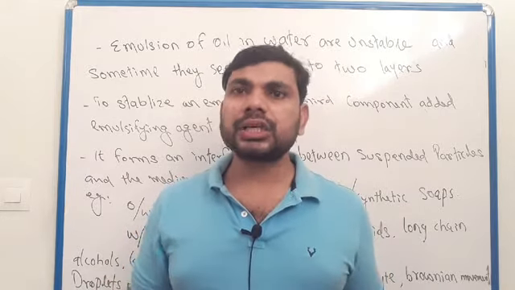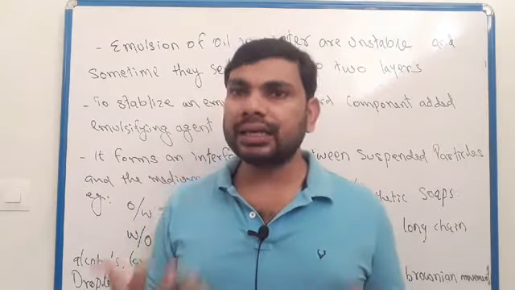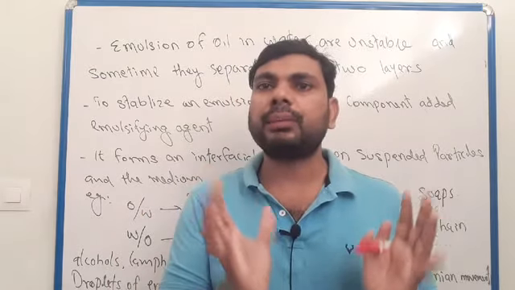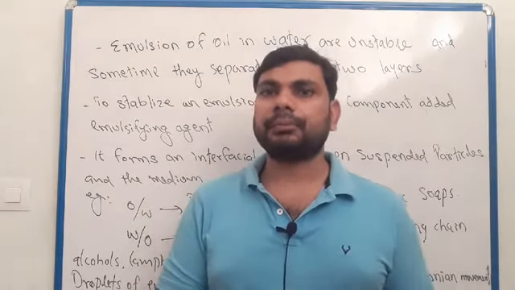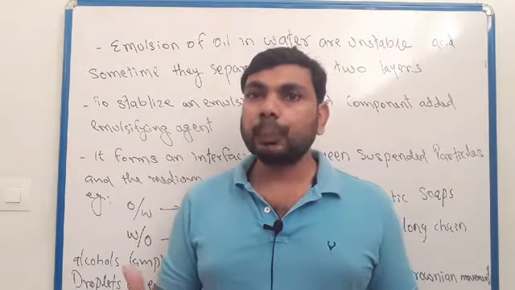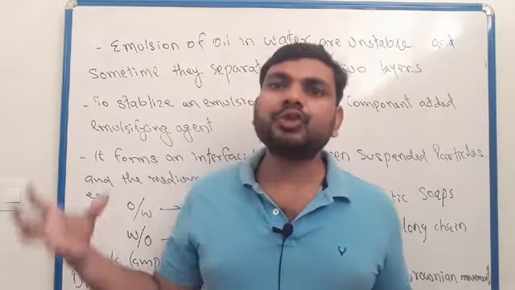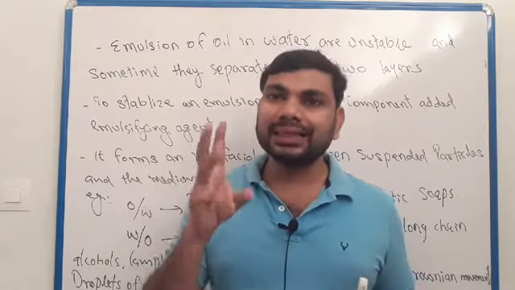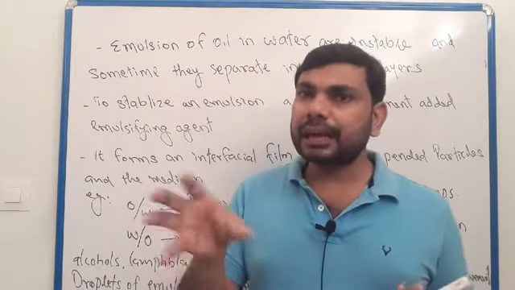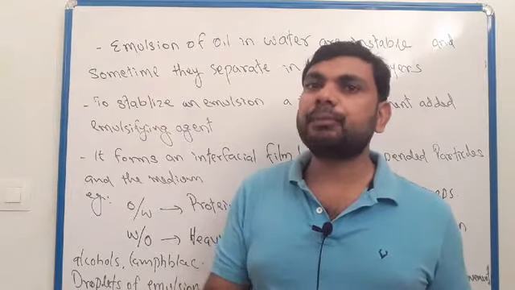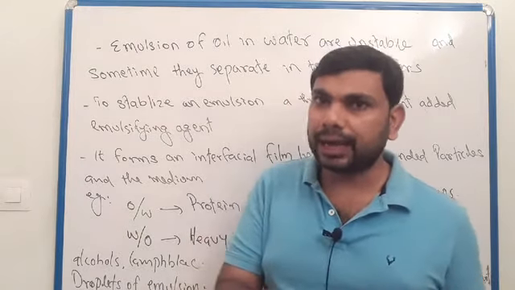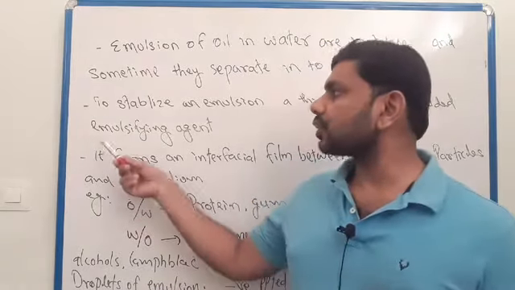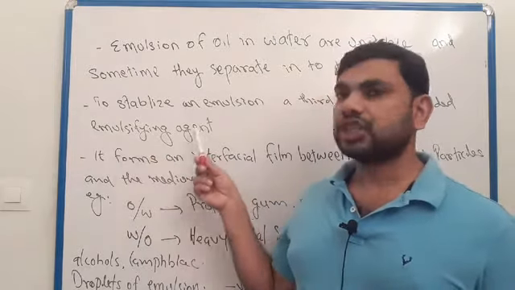These emulsions are highly unstable. To make it stable, we have to add a third component. Such chemicals are called emulsifying agents.